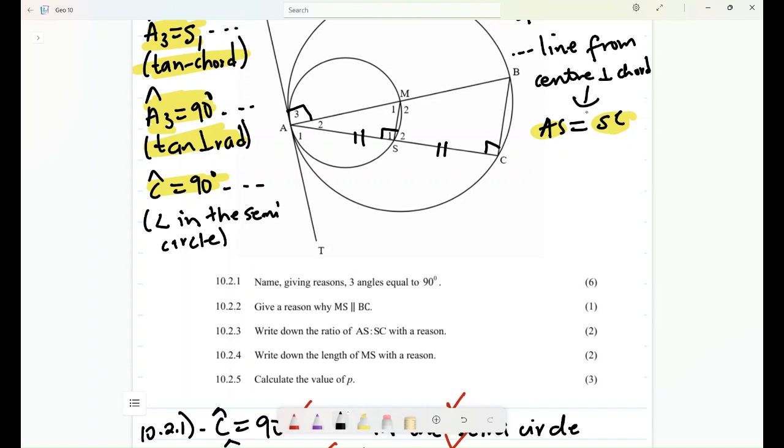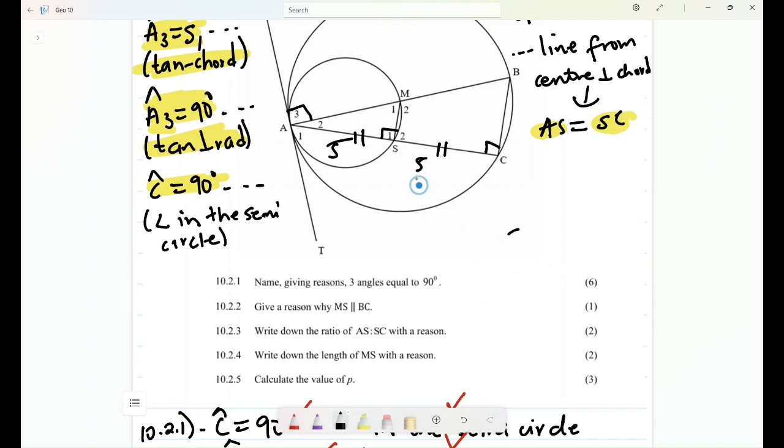Why am I saying AS is equal to SC? Because the line from the center is perpendicular to the chord, or line from the center to midpoint of chord. Because if this is equal to 90, then this is the midpoint. It means if this is 5, this is also 5. So the ratio of 5 to 5 is 1 to 1.